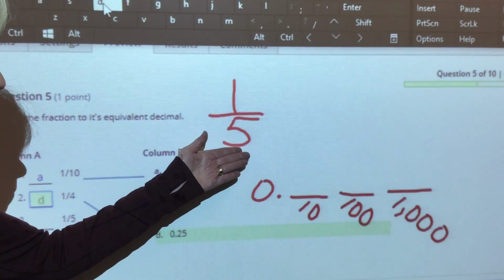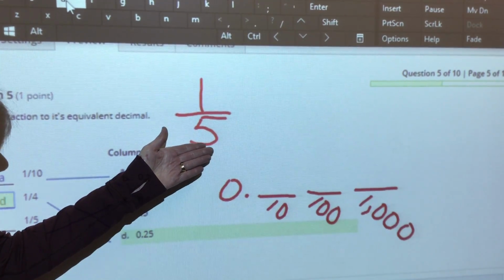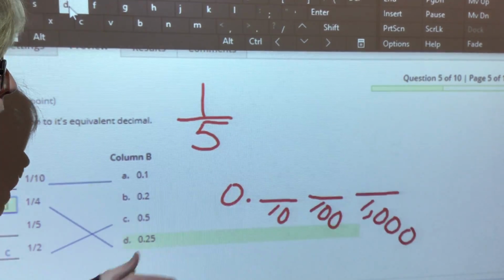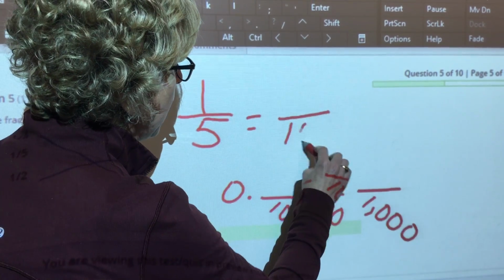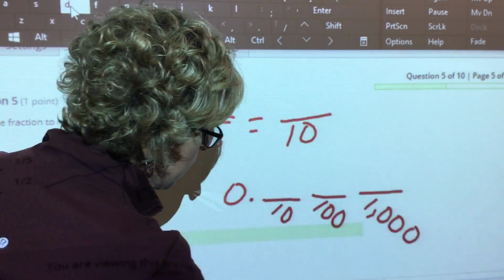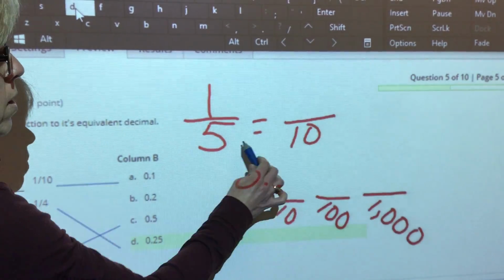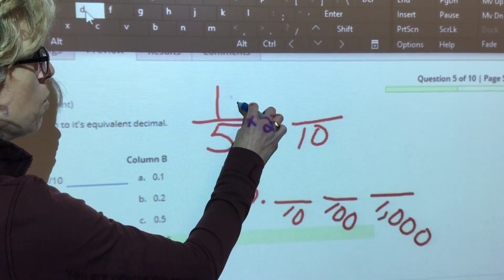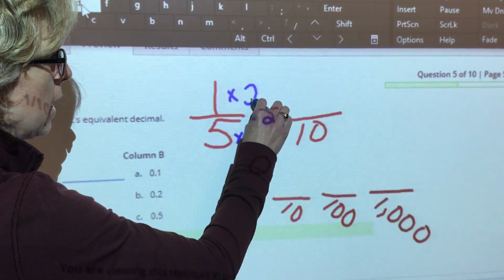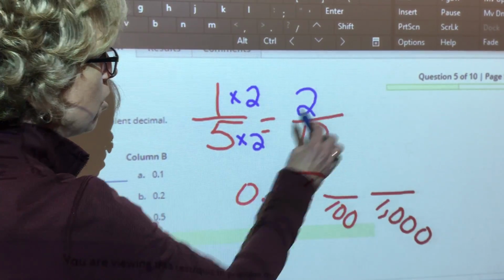As I look at this denominator of 5, I know I can easily convert that to something over 10. So I'm going to put 1/5 is equal to something over 10, and then I think to myself, what did I do to the denominator to get 10? I took it times 2. So I would do the same thing to the numerator, and I would take that times 2, and I would get 2/10.